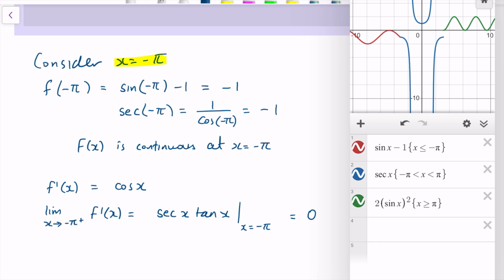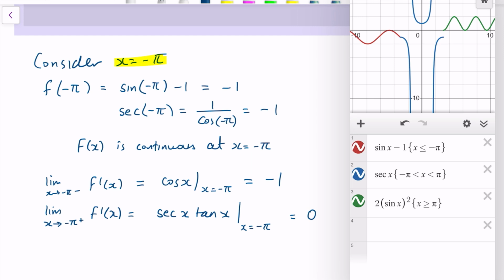And as you can see, the blue graph, as we approach minus pi from the right, is flattening out to a stationary point. But on the left hand side, I should really be consistent here and say the limit as x approaches minus pi from the negative side of f dash of x is the same as cosine x evaluated at x equals minus pi, and that equals -1.